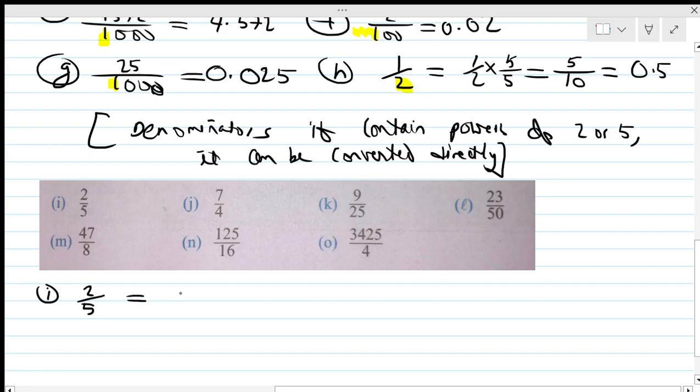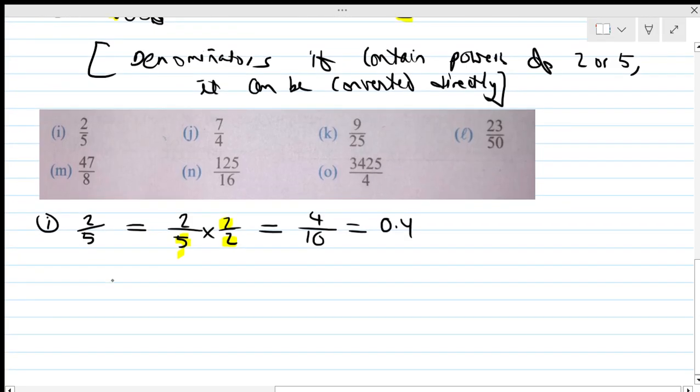You see the denominator 5, and this denominator 5 you can turn into 10. The same way, by 2 you have to multiply, 2 times 5 is 10. So the denominator we multiply by 2, and above in the numerator you also multiply by the same number. This way you get 4 divided by 10, and now it turns to 0.4. That's number I.